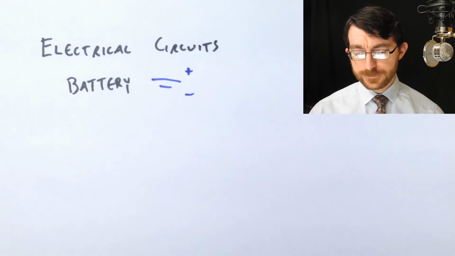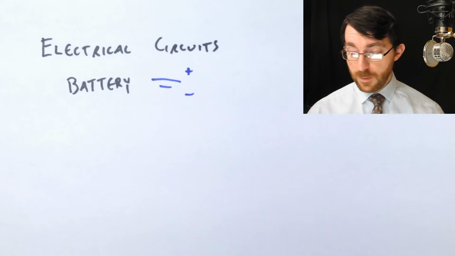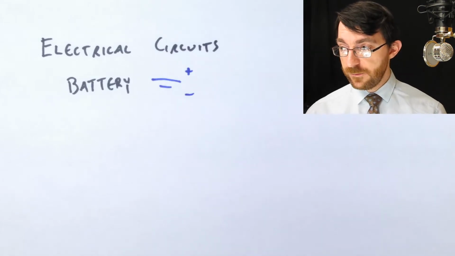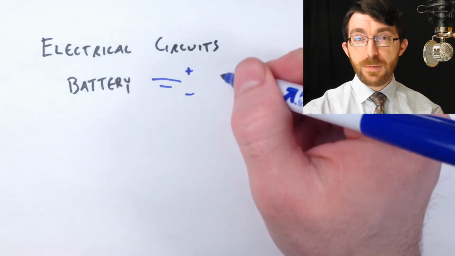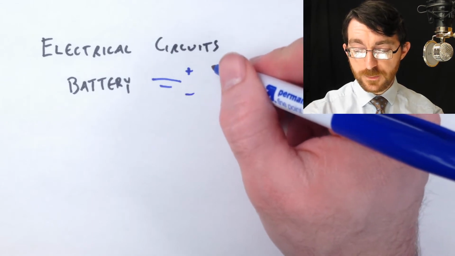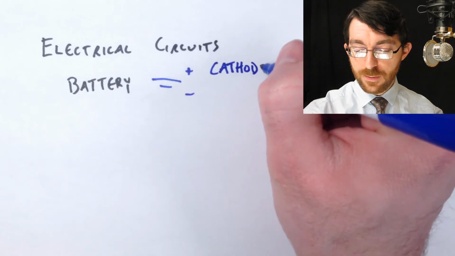represented somehow. And there's actually names for these terminals on a battery, which might ring a bell for you if you've been paying attention to stuff in school, even in other subjects. So, for example, the positive side of the battery is called a cathode.